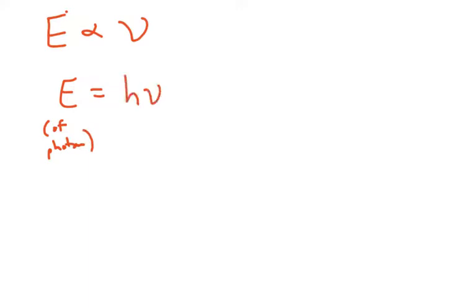Okay, you probably also remember that energy is proportional to the frequency of the light, and this would be in the context of a photon, right, where we could say that the energy of a photon of a certain frequency of light is equal to h nu. E equals h nu.